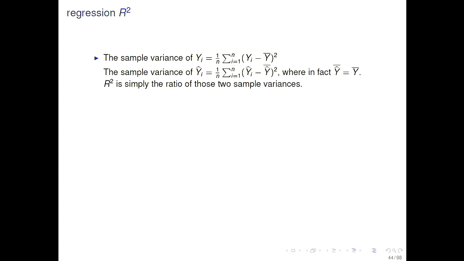In order to define R-square, we need to be able to calculate the variance of random variables. We all know how to calculate sample variance. This is the sample variance of the left-hand side variable. Sometimes people divide by n-1 to take care of the degrees of freedom, but let's forget about that.